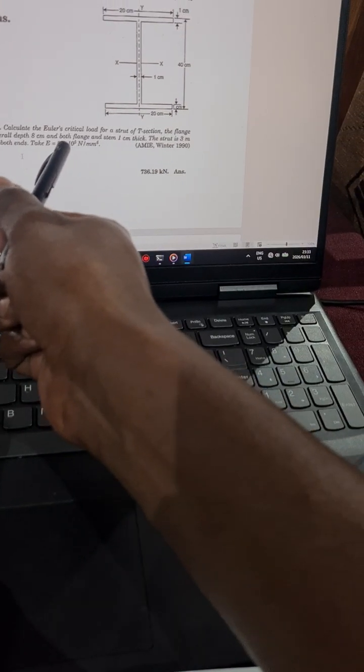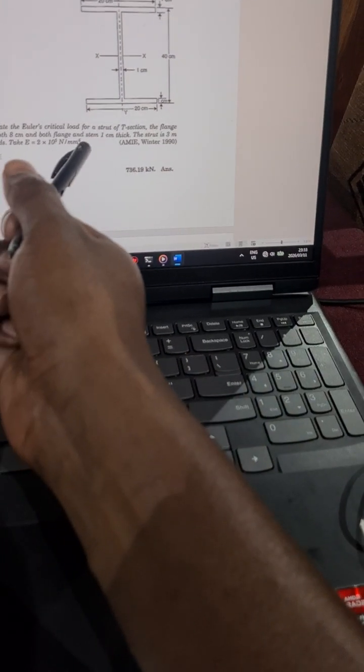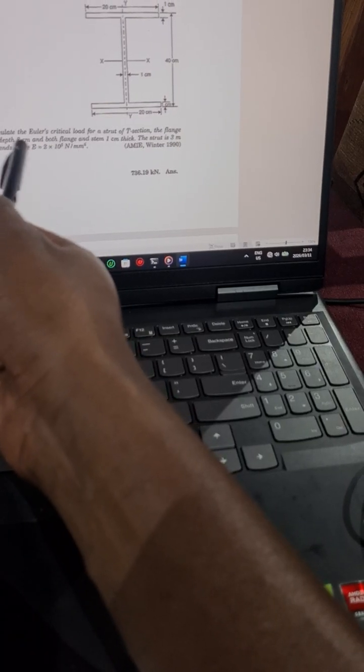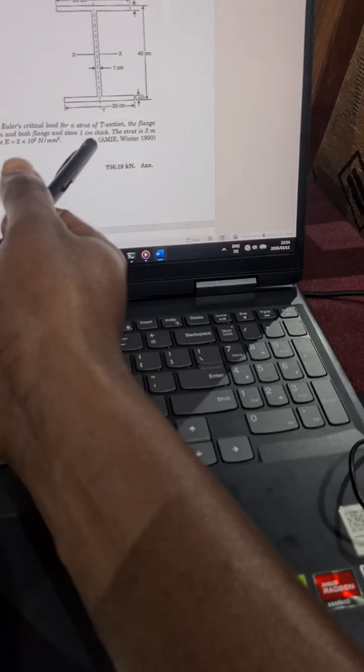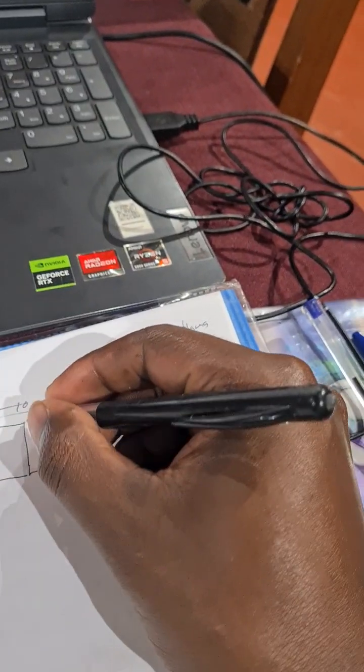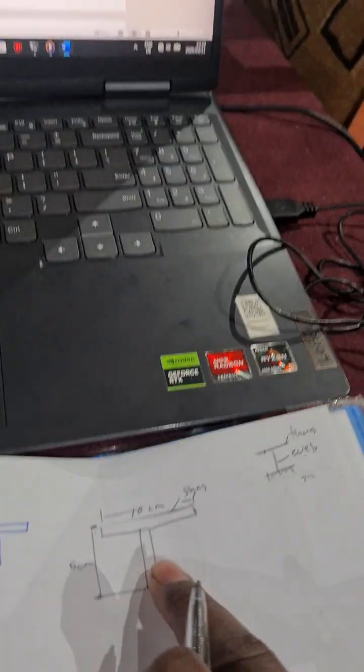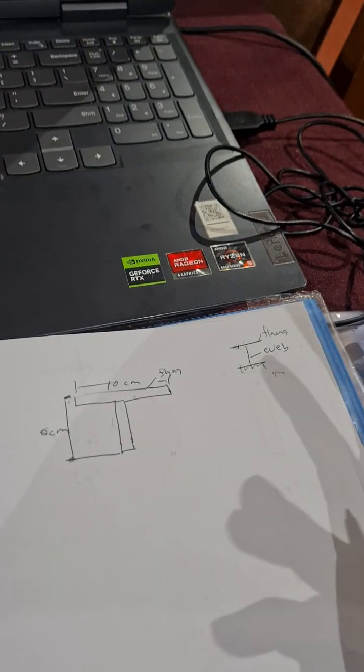They said both flange and the stem are 1 centimeter thick. The stem here is this one, obvious. This is the stem. If you already know that is the flange, whatever is left is the stem.